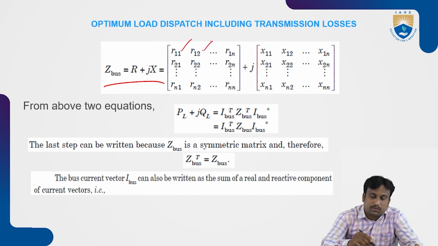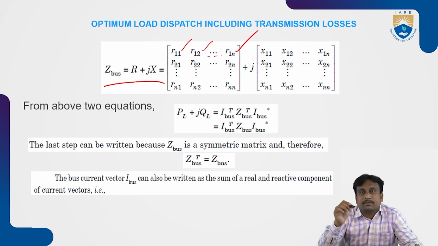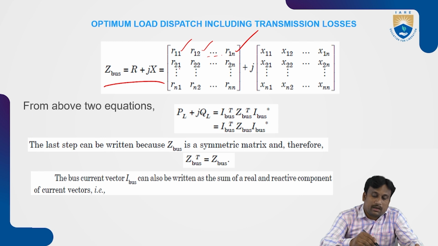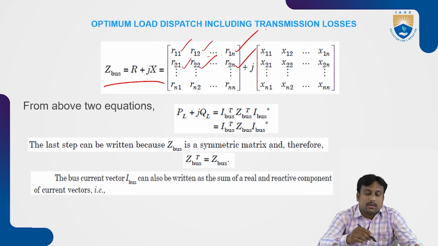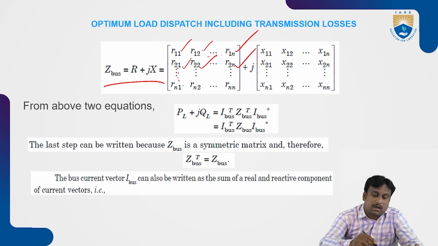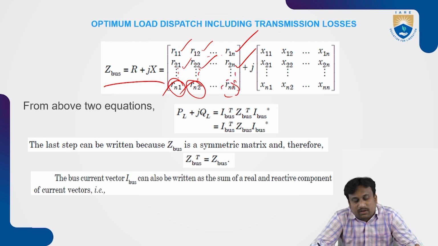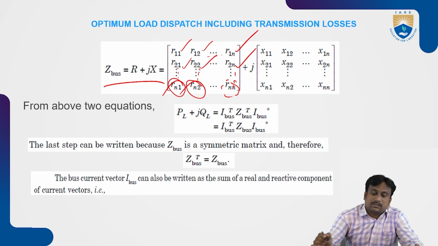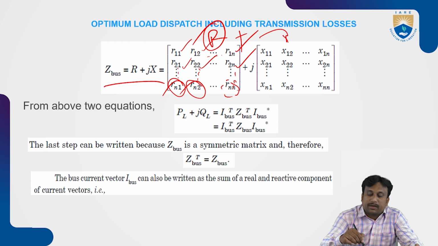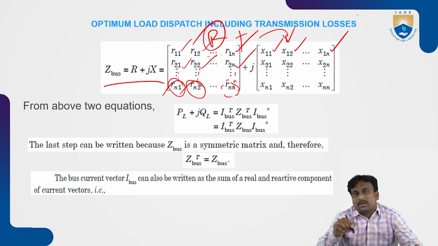R11, R12 up to so on R1n. Similarly, R21, R22 up to so on R2n. This will be continued till Rn1, Rn2, up to Rnn. Like this the equation will follow, and this resistance parameter R will be added to the reactance parameter X, that is X11, X12, so on up to X1n.